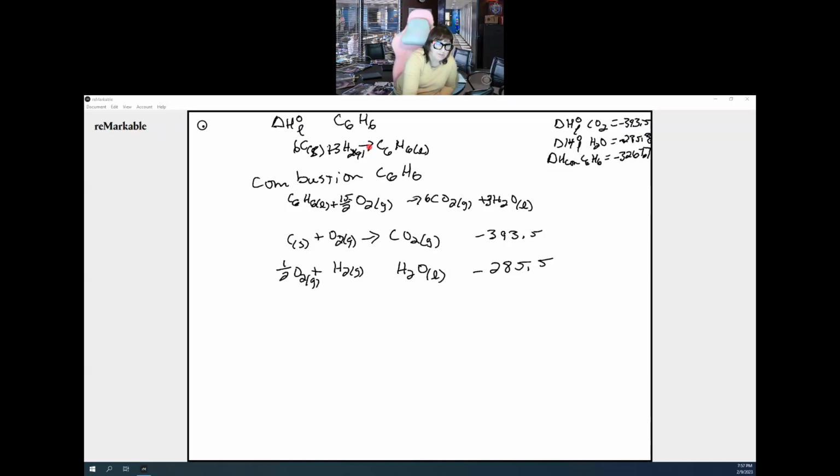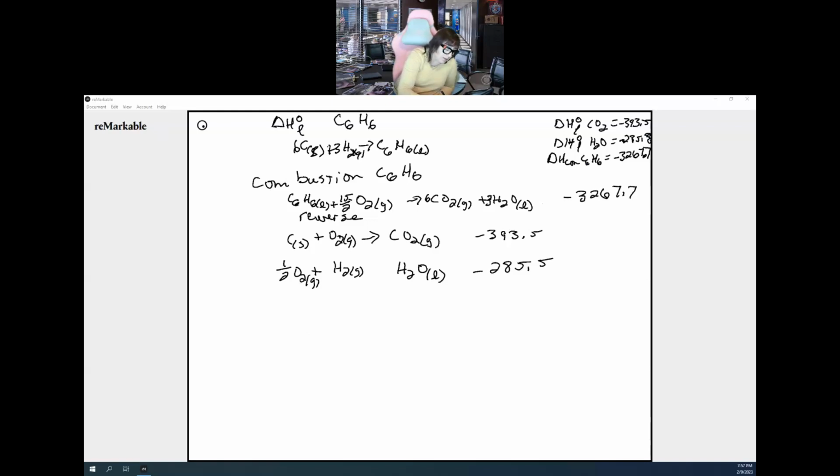So I'm looking to do this, and I have these two here. The first thing I'm going to do is look at my desired equation. The C6H6 liquid needs to be a product, so I'm going to reverse the combustion equation. They also told me that the heat of combustion for this reaction is negative 3267.7.